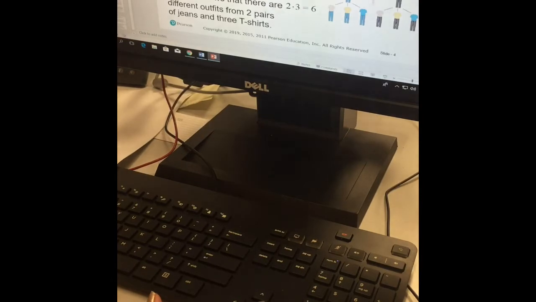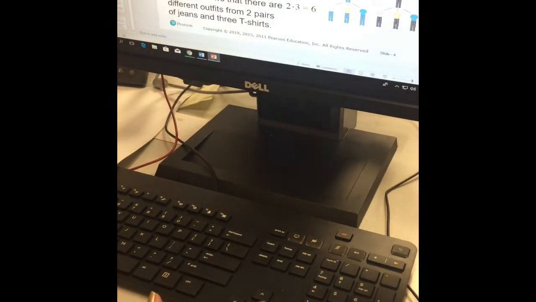In this example, we have two different pairs of pants, black and blue, and we have three choices of distinct tops. It looks like pink and yellow and blue. So how many different outfits can we have from these choices? We can have 6. 2 times 3 is 6.